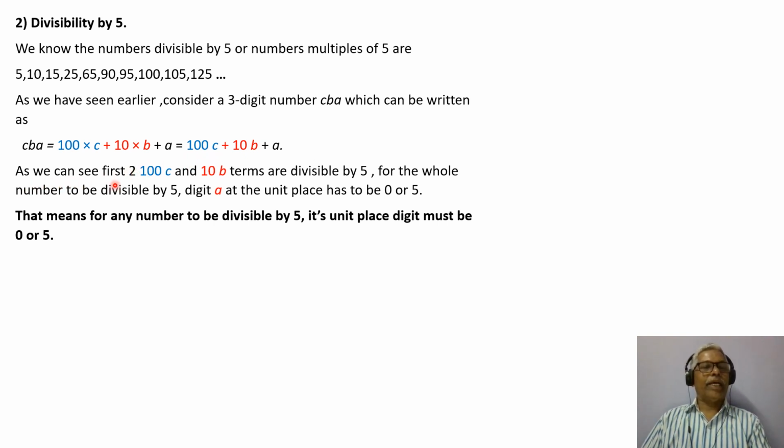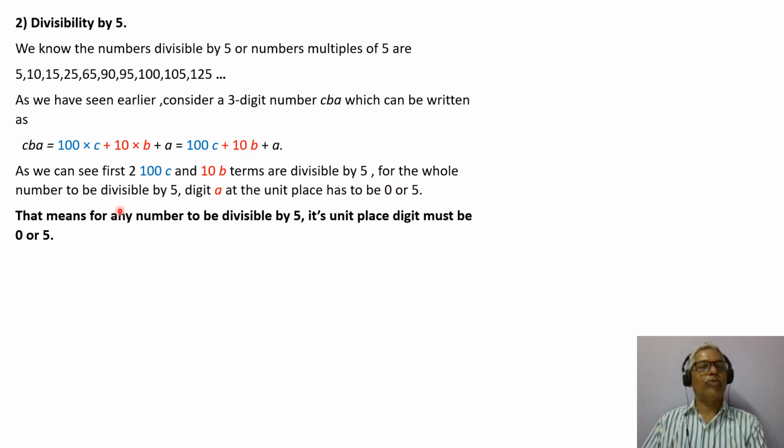We can see that the first two terms, 100C and 10B, are divisible by 5 because one is multiplied by 100 and the other by 10.